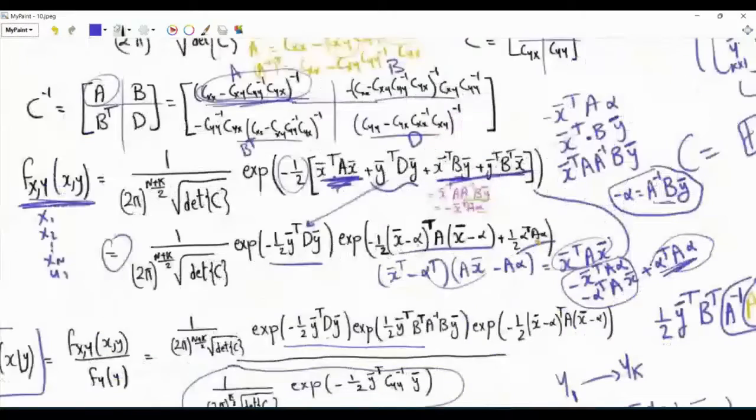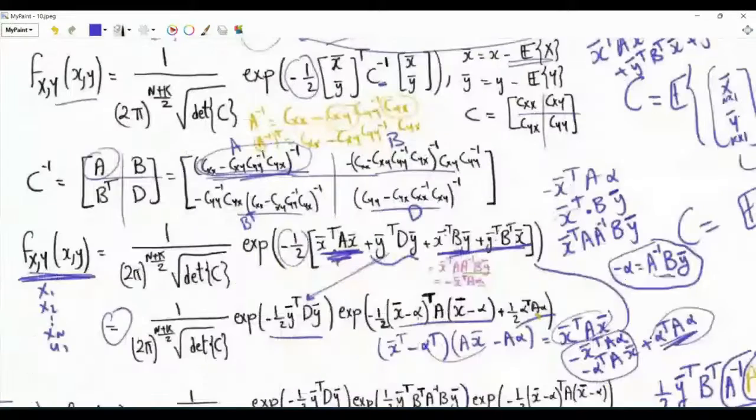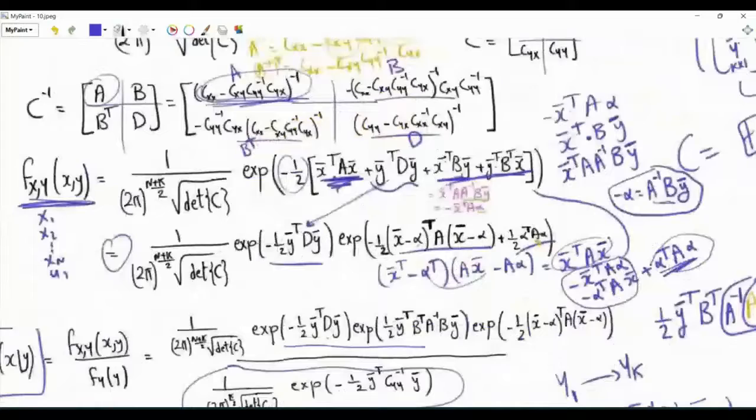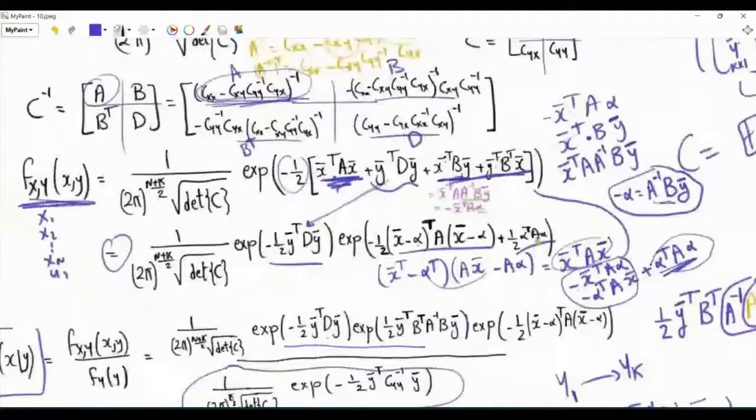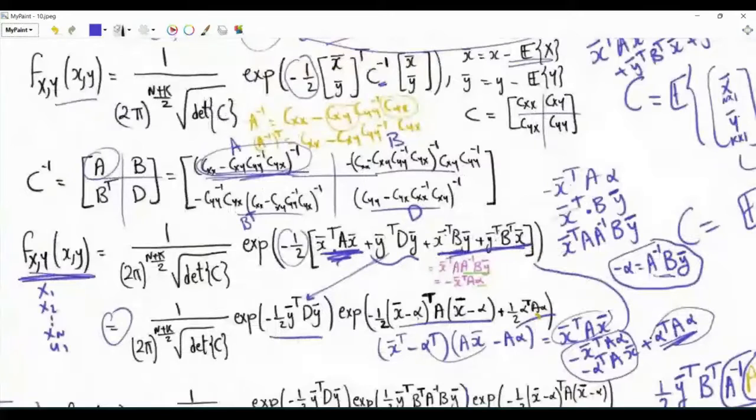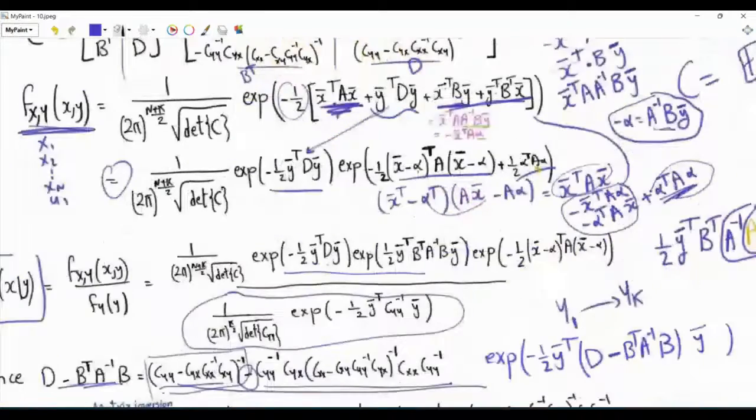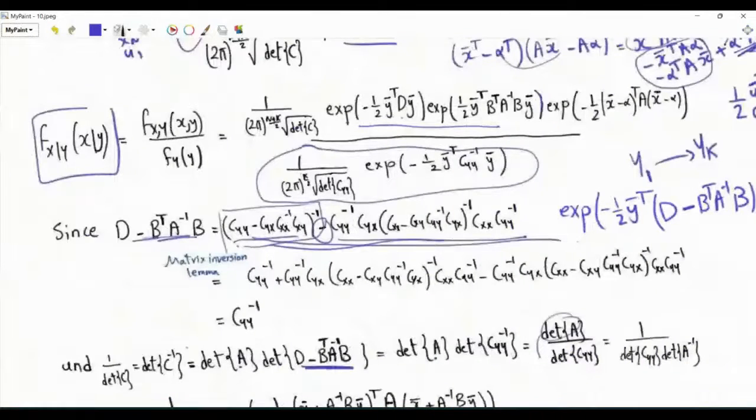The question is, can we simplify this expression, D minus B transpose A inverse B? So first, we take those A, B, and D, and express them in terms of the original matrices CXX, CXY, and CYY. So A is equal to this, B is equal to this, and D is equal to this. So we take them and insert them here.